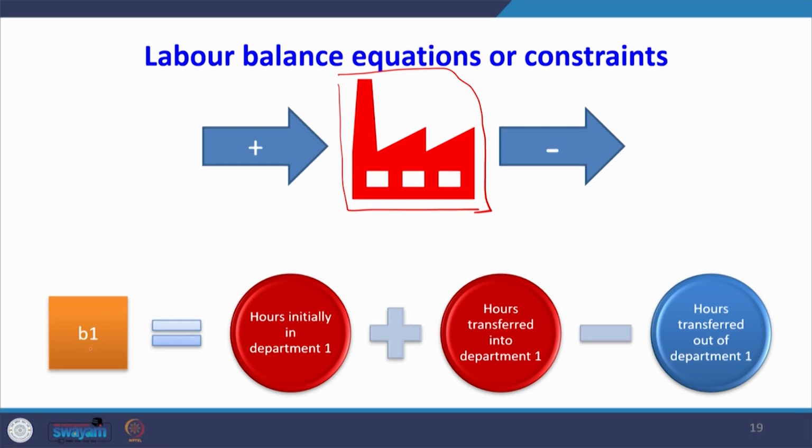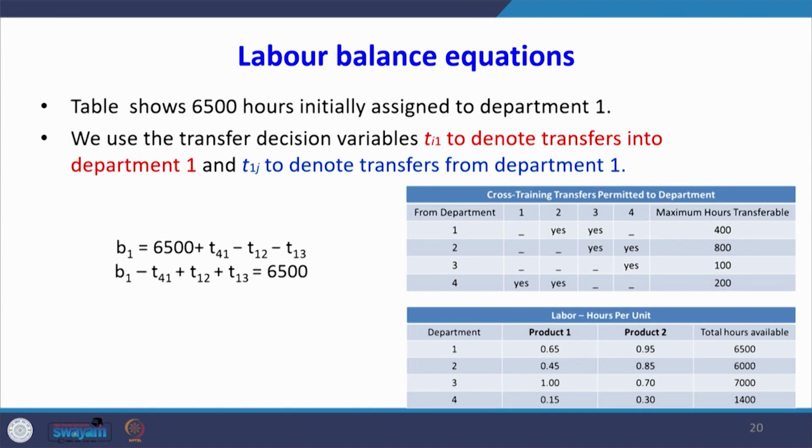So, B1 equals the hours initially in department 1, plus the hours transferred into the department. If any hours are going away from the department, the hours transferred out of the department, that has to be put as minus. I will explain this concept with the help of a numerical value.